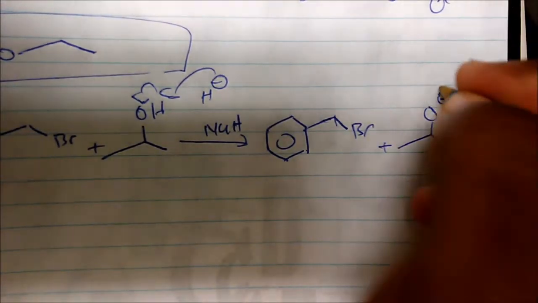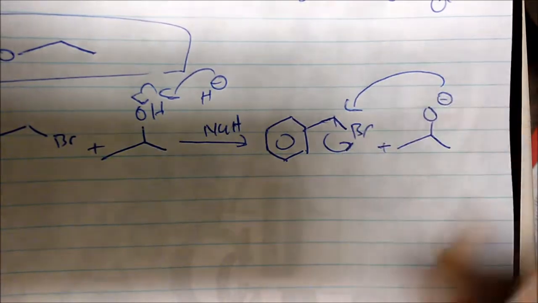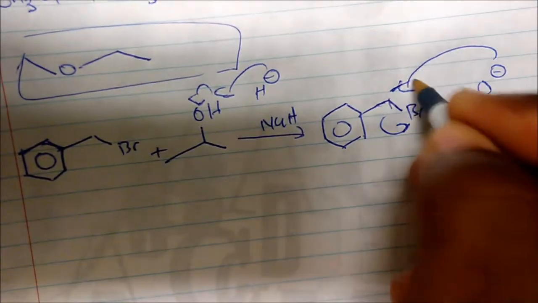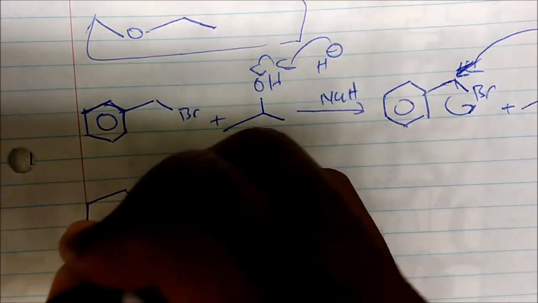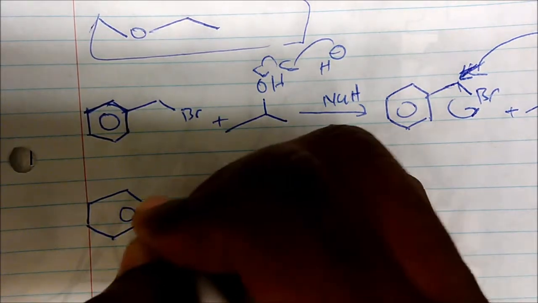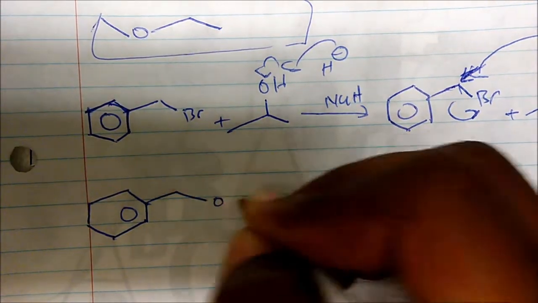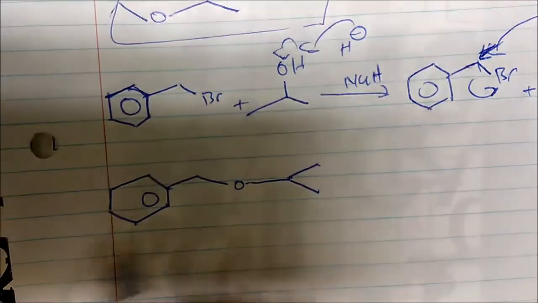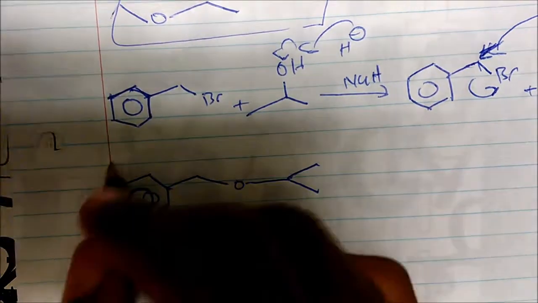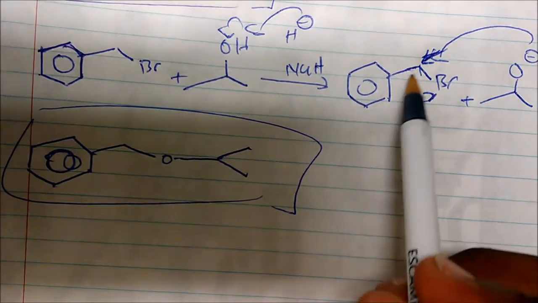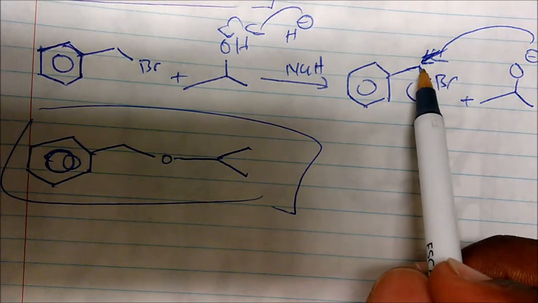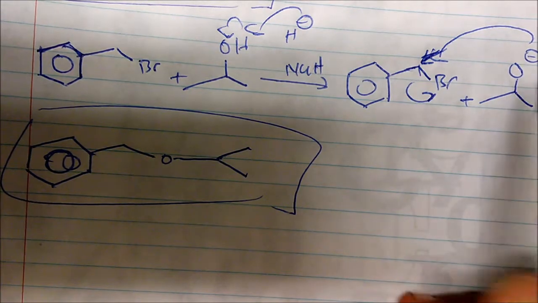So all this is going to do is attack and kick off the bromine. And this should be going to that carbon there, and this is what we make. So this is our product. Notice that my oxygen is bonded to this carbon that contains this isopropyl group here. So this is the product that we get.